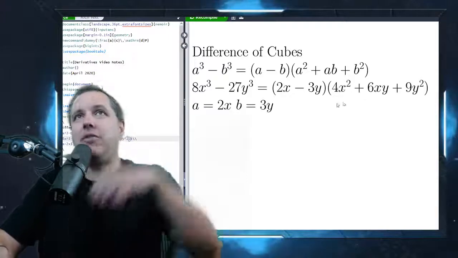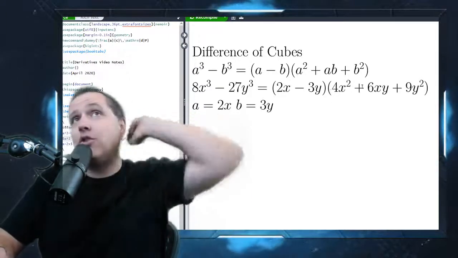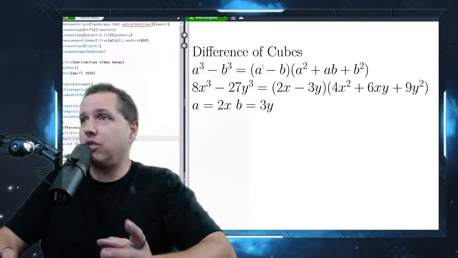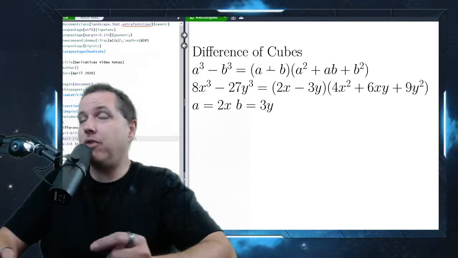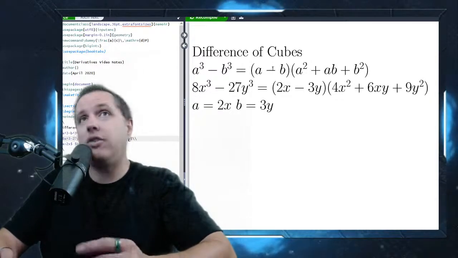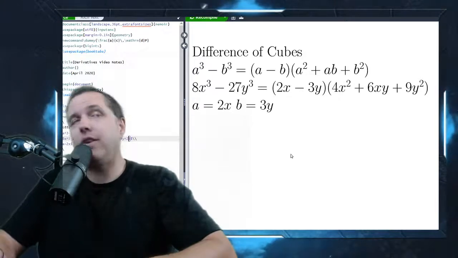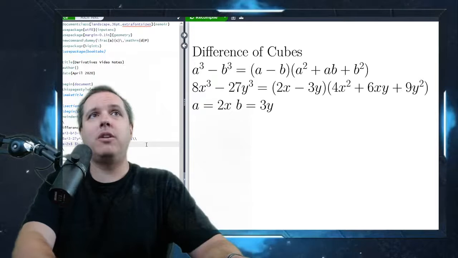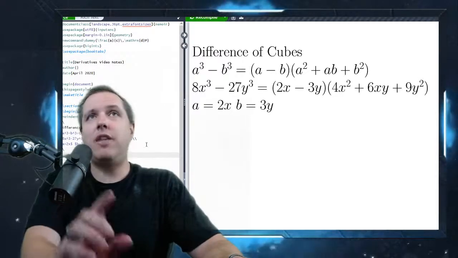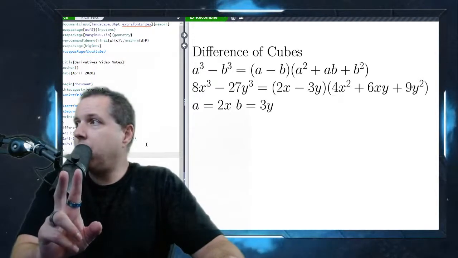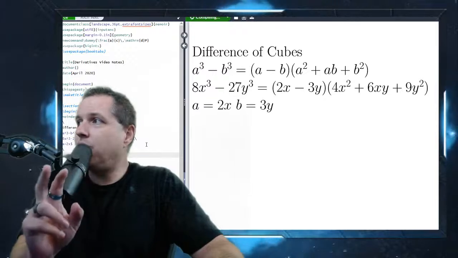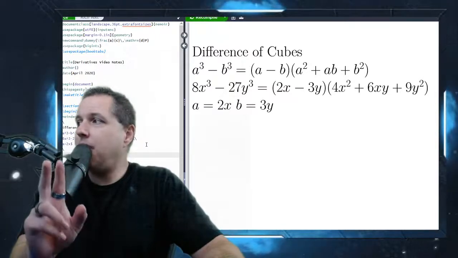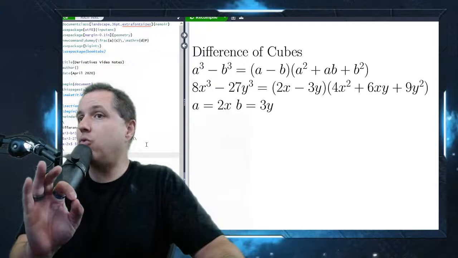But you certainly have to know how to do them now, because for sure there will be a difference of cubes or sum of cubes problem on the test. You'll have to do one or the other, maybe both. I haven't written the test yet, but okay. So that's how it is. You just follow that formula. So let's continue, and then once we do one more problem, we'll take a look at the formulas, and I'm going to explain how you can remember how the formulas work.